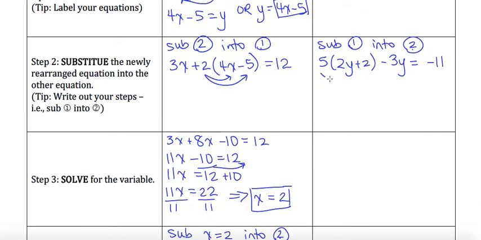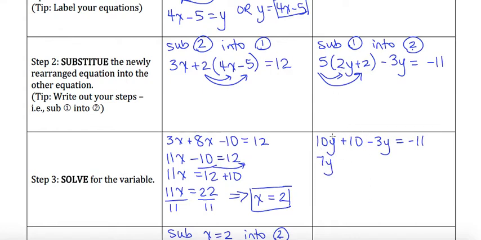Remember, we solve using our distributive property in this example first to take away our brackets. So 5 times 2y is 10y. 5 times 2 is 10. And then minus 3y equals negative 11. And we want to combine our like terms on the left-hand side. 10y take away 3y is 7y.